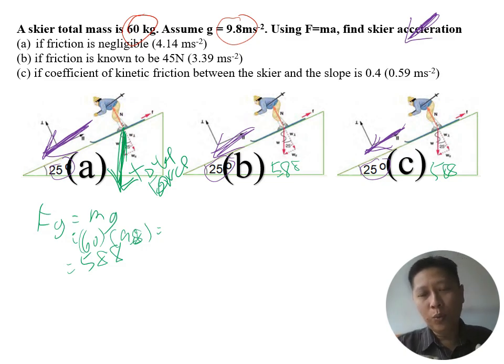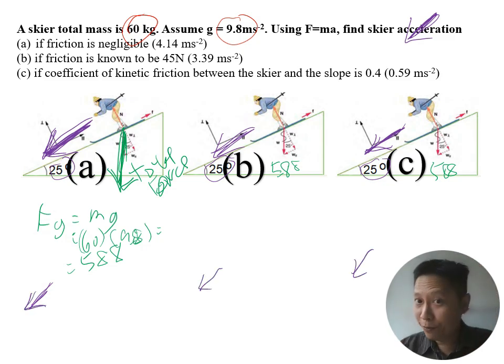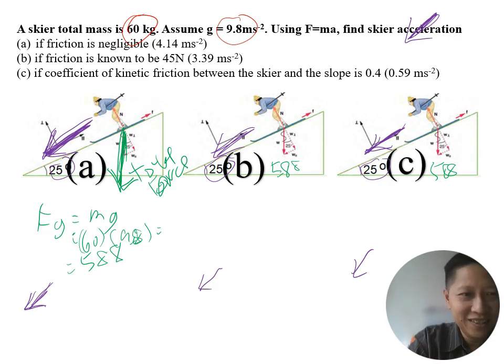Now, we want to know the acceleration in the purple color direction. If we can find the force in the purple color direction, then later on we can use the formula to relate them together.